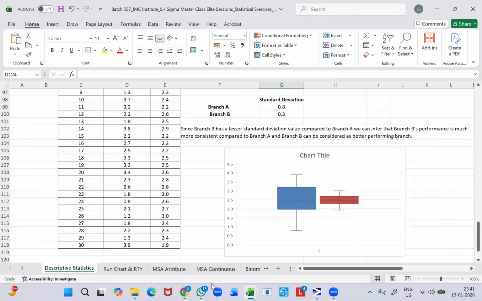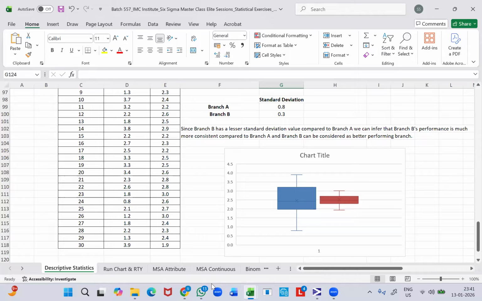For all these three metrics, the variation percentage should ideally be less than 10% for us to infer that the measurement system is working fine. But if any of the measurement system variation metrics has a variation percentage in excess of 10%, then we need to infer that the measurement system is not working fine and we cannot trust the data provided by that measurement system.